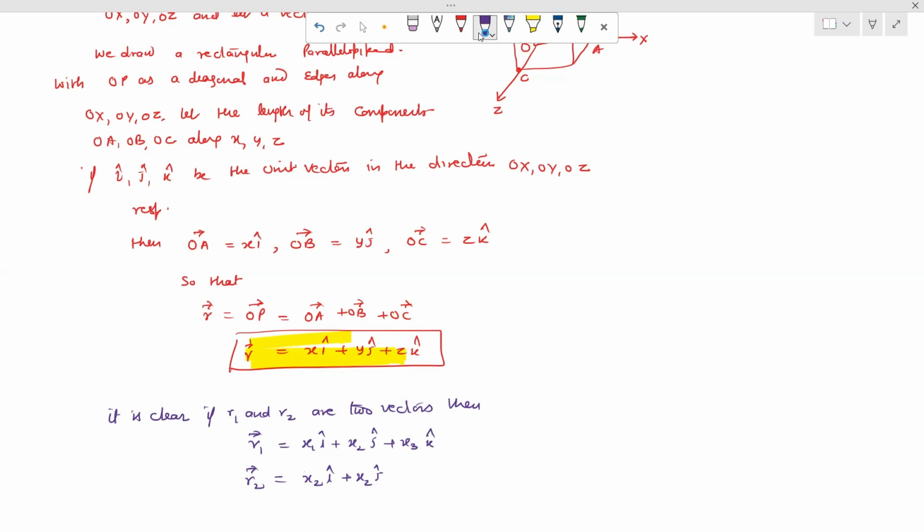Here we can consider y1, y2, y3, or we can write it in the form of x1, y1, z1, as per convenience.